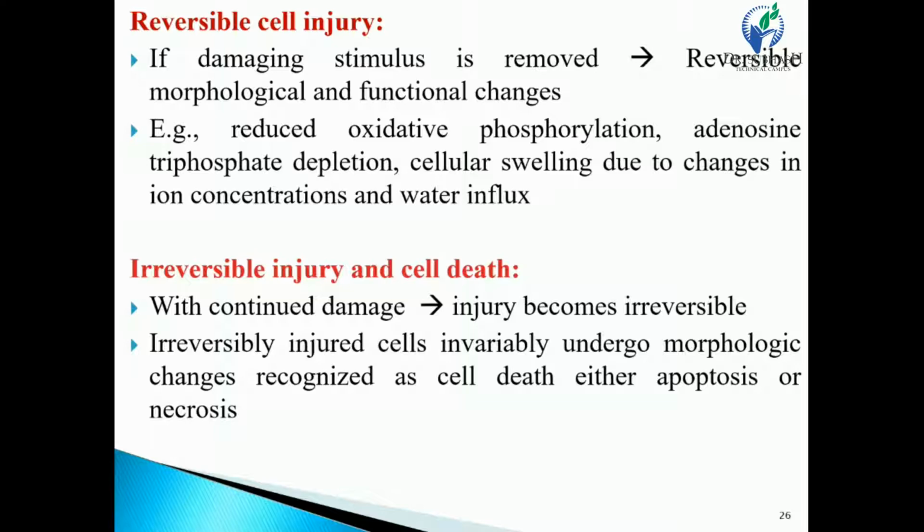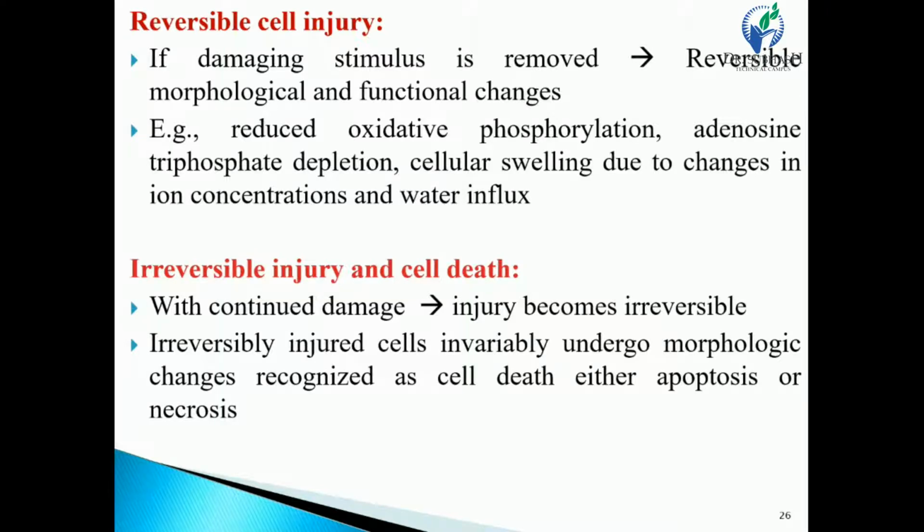So it comes under reversible cell injury and it may revert back to its normal homeostasis or normal condition. Whereas irreversible injury and cell death may have continued damage of specific cells and tissues and the organ as well as the involved systems.